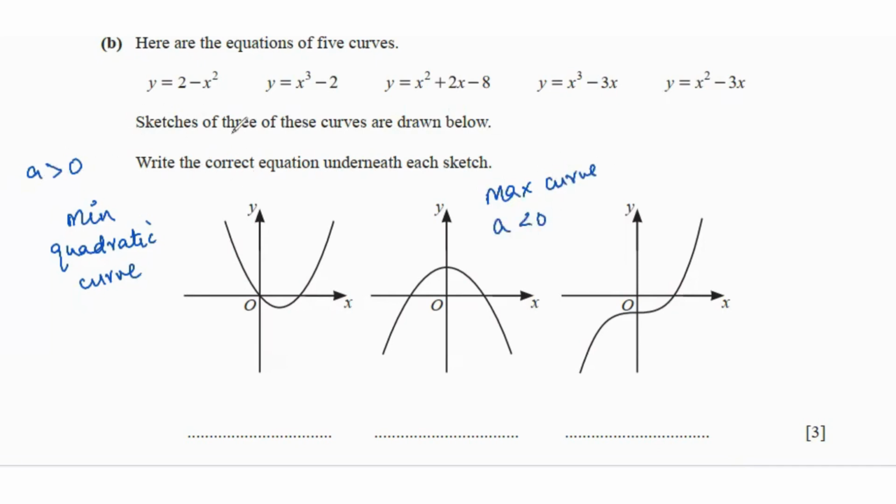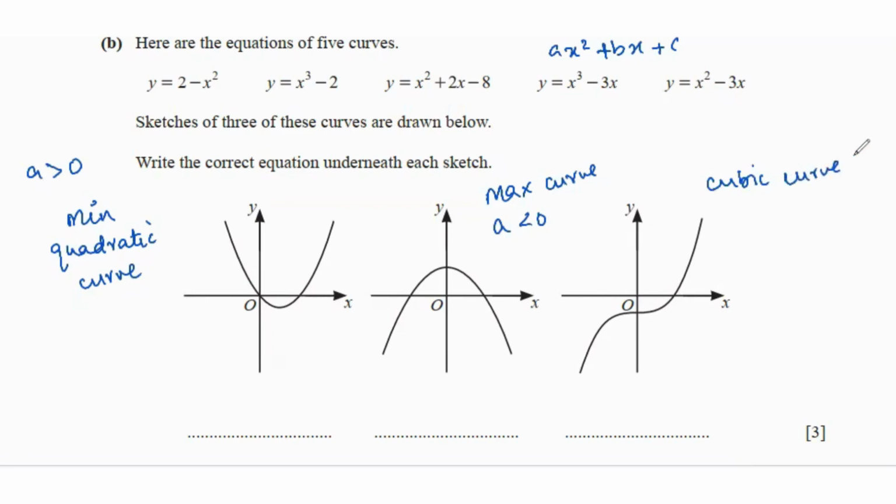When I talk about the a value, that's basically your ax squared plus bx plus c, which is the coefficient of x squared. So if the coefficient of x squared is greater than 0, it's a minimum curve. If it is less than 0, it's a maximum curve. Whereas the third one is a cubic curve because it has 2 turning points.